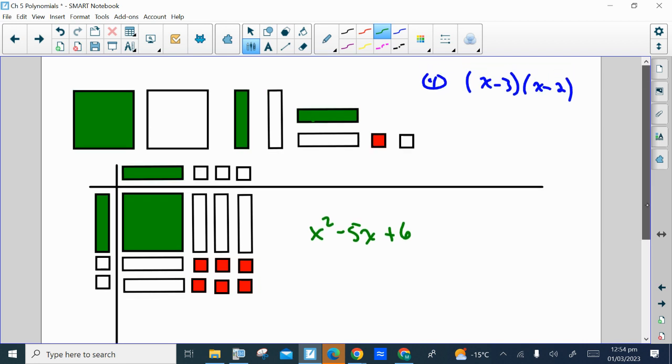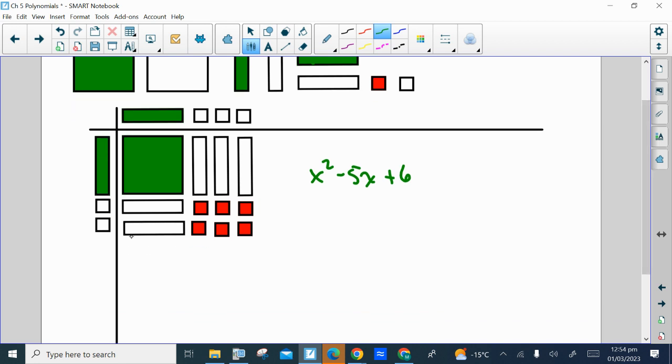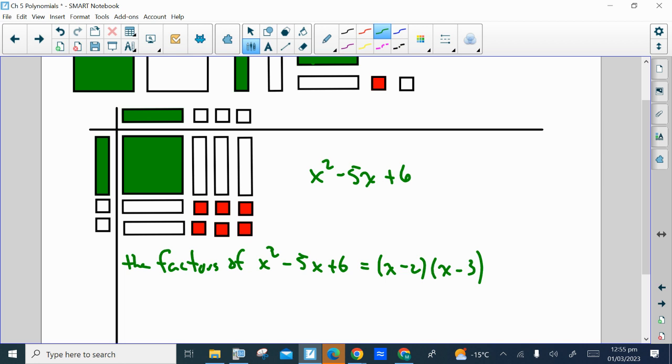Again, we did it using algebra tiles. We could have done it using distributive property. We would have got the same answer. But we're doing it using algebra tiles because we're now going to be using algebra tiles to help us factor these trinomials. So again, that tells us that the factors of x squared minus 5x plus 6, those factors are x minus 2 and x minus 3, because we multiplied them together to get x squared minus 5x plus 6.